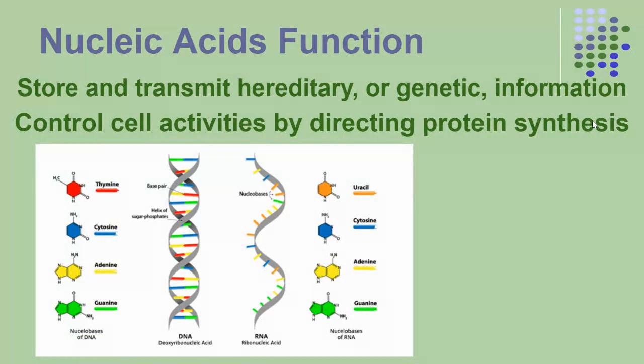What that means is they help your cells make proteins. If you remember back really far to middle school, proteins are made in the ribosomes. So RNA is able to travel from the nucleus, where it gets made, all the way to the ribosomes and direct proteins being made.